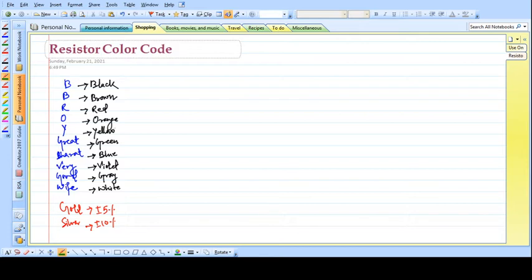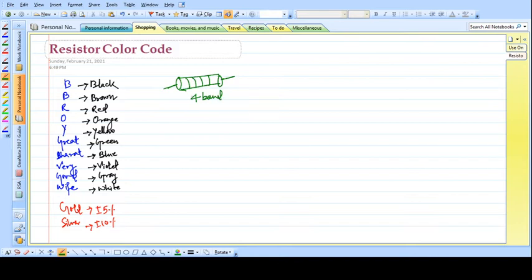So our resistor somehow looks like this, and there are different bands, 3 and 4 bands. So depending upon the bands, we can identify the color code. So here I am writing this has 4 bands.